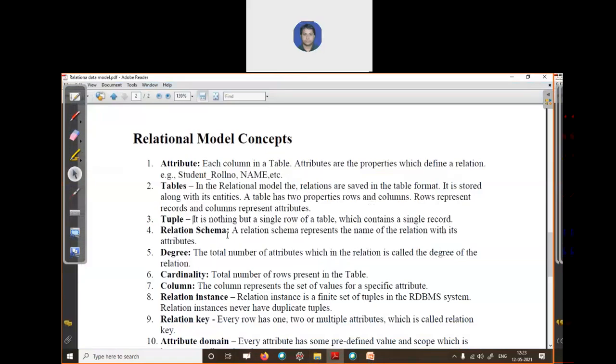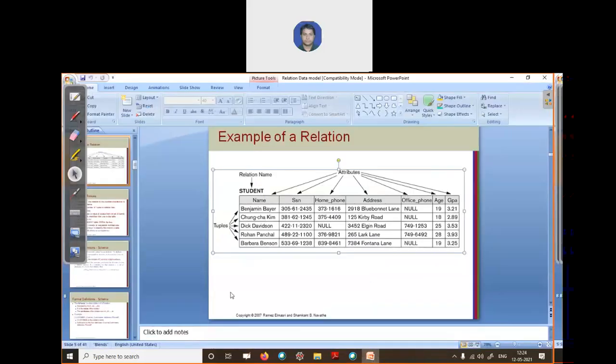Relation schema. A relation schema just shows the structure of your table, in which way you are representing your data. Like in this table, you can write the relational schema as Student. First you write the table name.